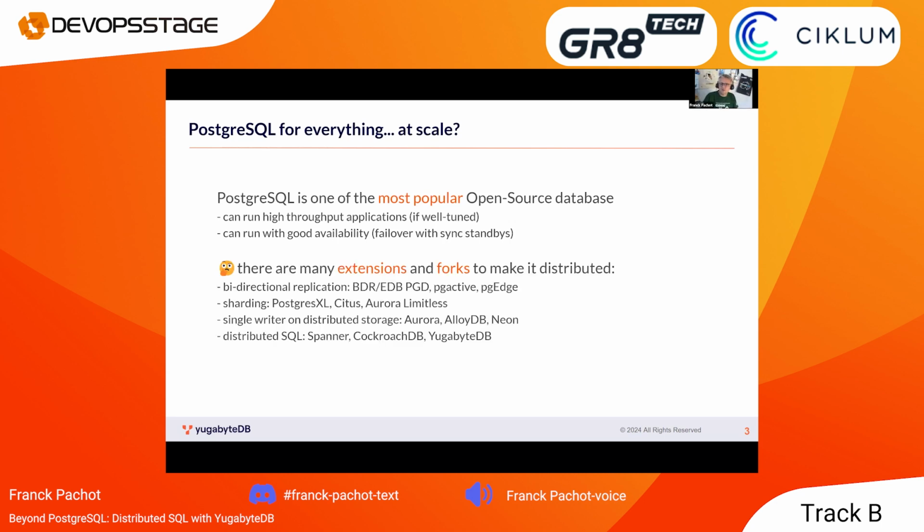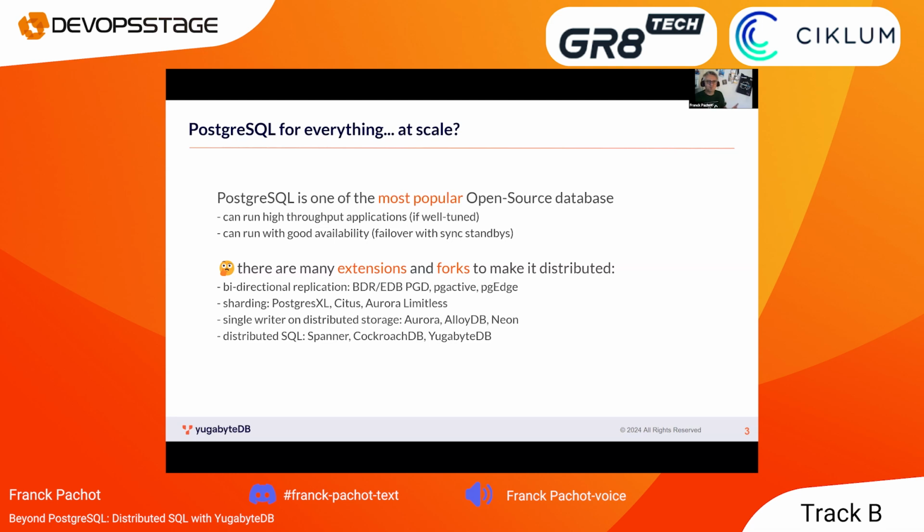Let's talk about managed services. You can run a lot in Postgres, but a lot of companies are not directly running on the community Postgres. They are using managed services and adding some extensions. And the question will be, what is missing in Postgres that has to be added with extensions or forks in managed services? Basically, a lot of them are about replication because Postgres is monolithic, a single server.